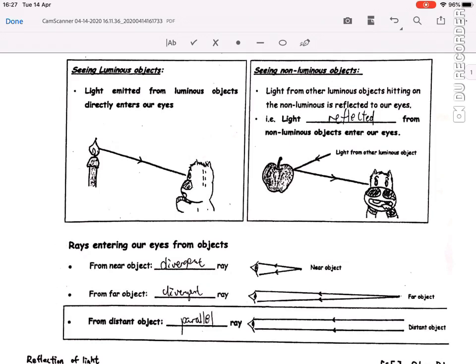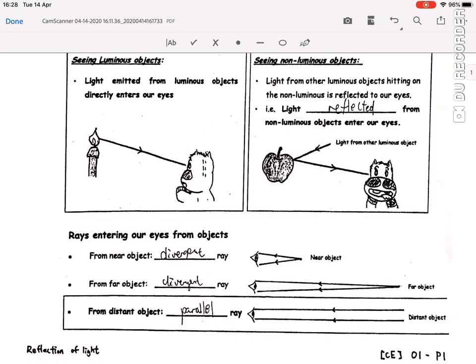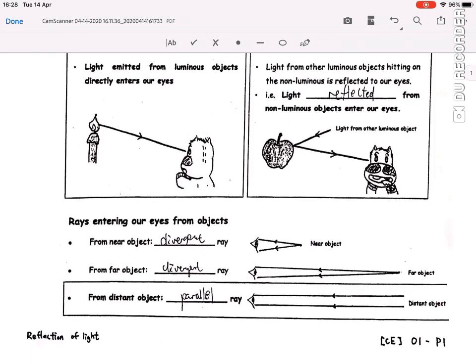That's why we can see an object reflected from a non-luminous object. If there's no light, it will not reflect at all. The light first hits the object and then reflects, entering our eyes.